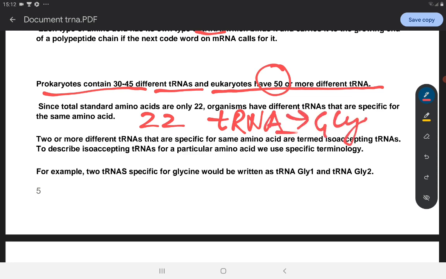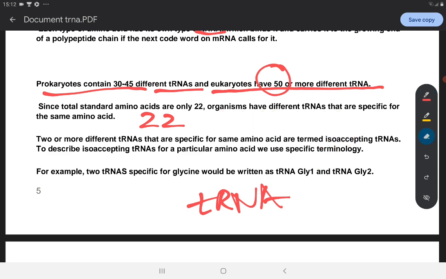For example, if a specific tRNA brings glycine, there could be other tRNAs as well that only bring glycine, right? So there could be more than one tRNA which brings the same amino acid.